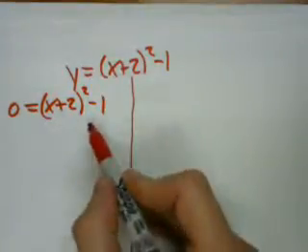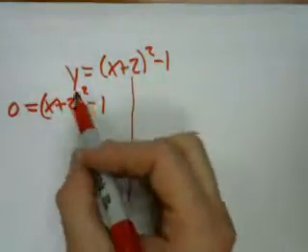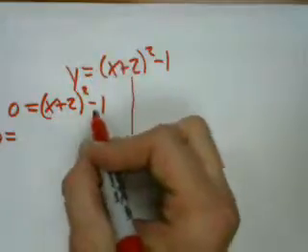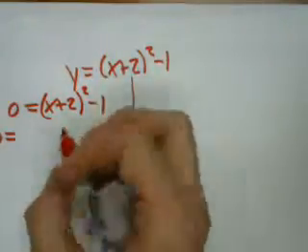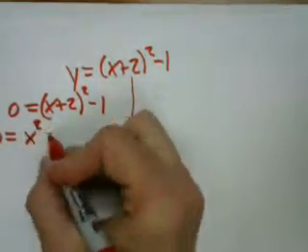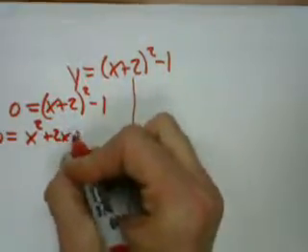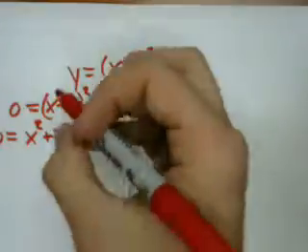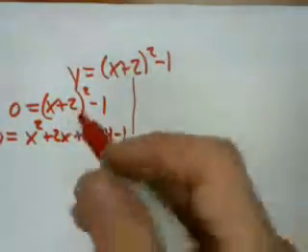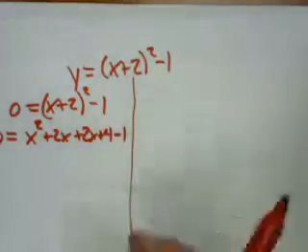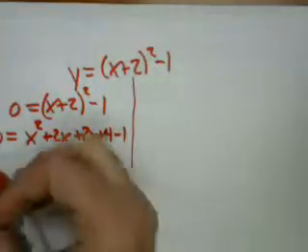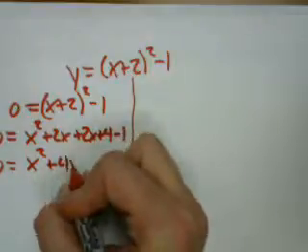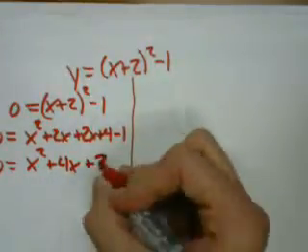Because this is a quadratic, I'm going to have to hope it factors. So I have to FOIL this out and combine it with the negative 1. I get x squared plus 2x plus 2x plus 4 minus 1, from FOILing x plus 2 times x plus 2. Combining like terms, this is 0 equals x squared plus 4x plus 3.